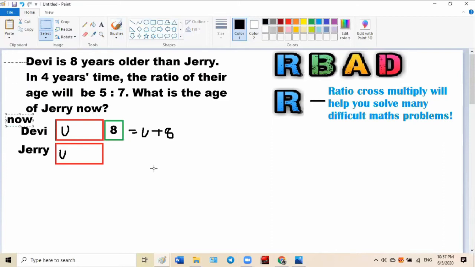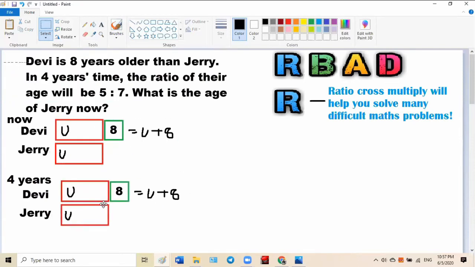Now, in 4 years' time, everybody would have grown 4 years older. So Davy would have grown 4 years older, and so did Jerry.